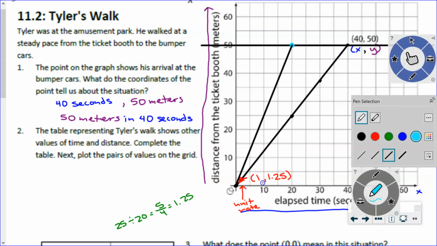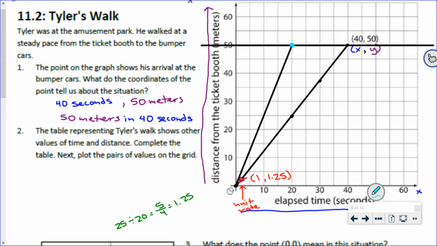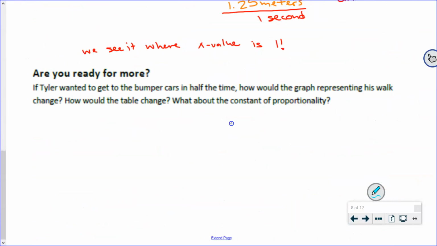Is it doubled? Let's see, this took us 25, double that, and 50. Looks like it. This was 1.25, double that, and it's 2.5. Yeah, my graphs are not super duper accurate. 2.5. Very good. So how would the graph change? The graph is steeper.